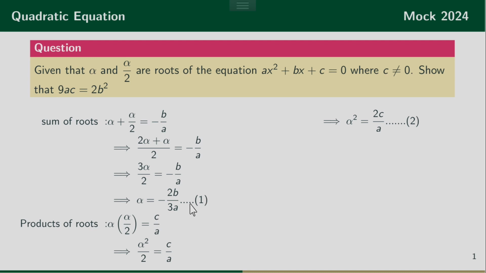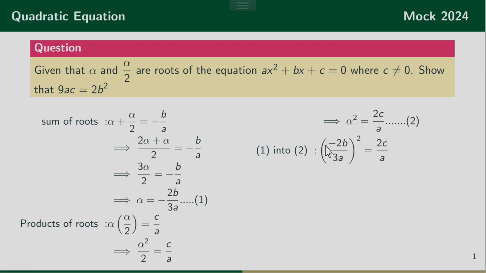Now I need to go back to equation 1. From equation 1, alpha was equal to negative 2b divided by 3a. Now I'll take this alpha and substitute it into equation 2. So let me put equation 1 into equation 2. Anywhere I see alpha, I will replace it by the value of alpha from equation 1.